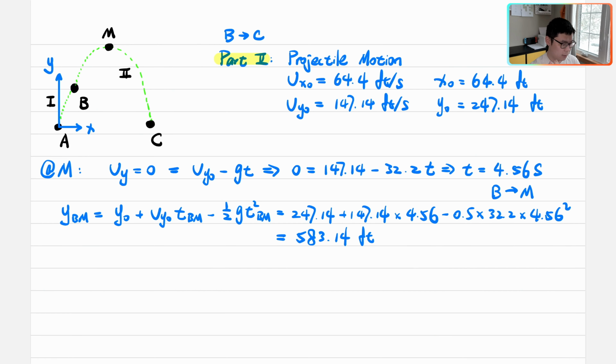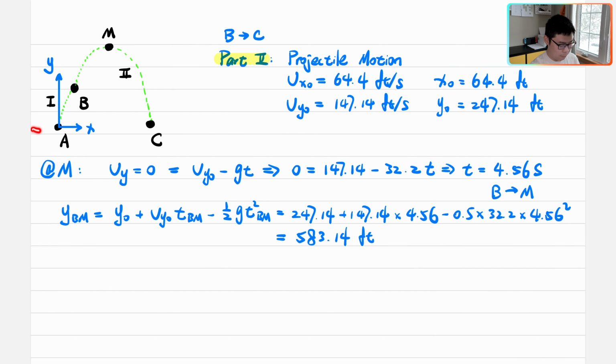Okay, with that, finally, we'll calculate where our ending point C is. What do we know about ending point C? Think about that. Similar to what we know about the maximum point M, we know the velocity Y has to be 0.